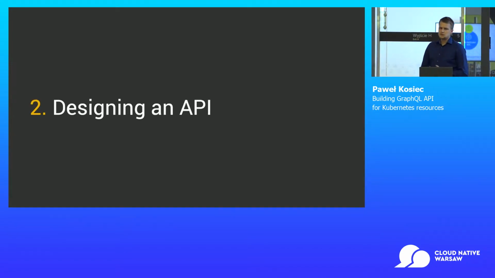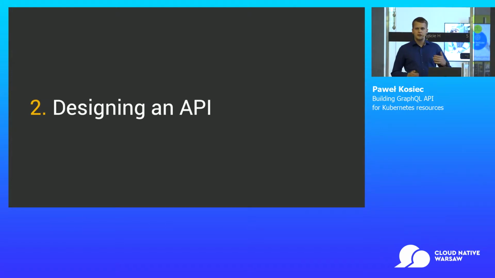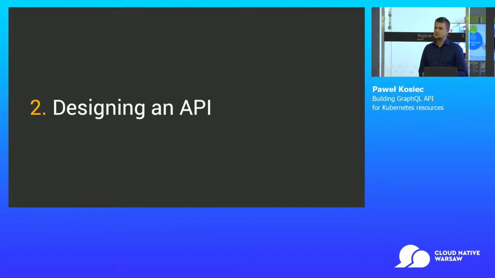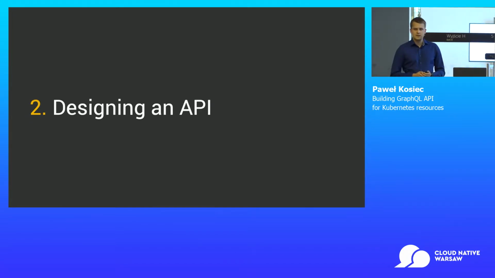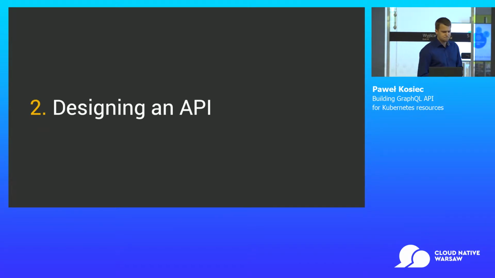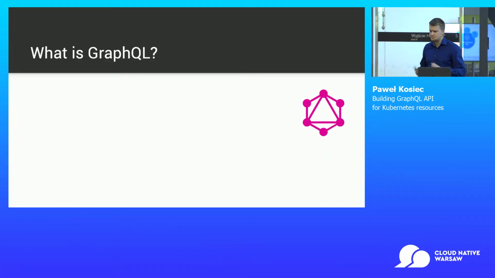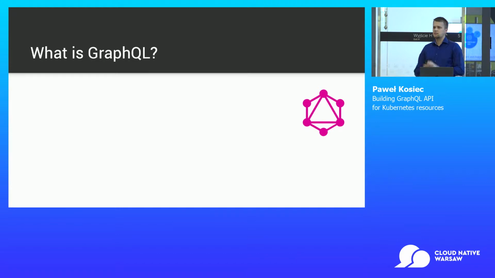Now let's move to the API design description. Of course, the title of the presentation is a huge spoiler: we did use GraphQL. But just to give you some description of what it is, if you haven't used it, I will cover the topic very quickly.